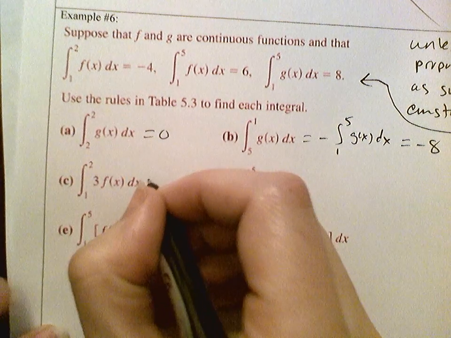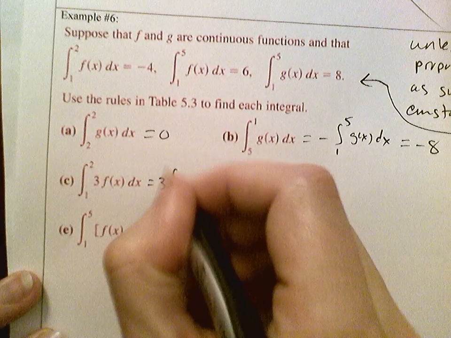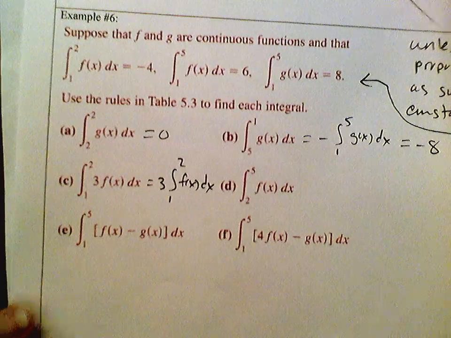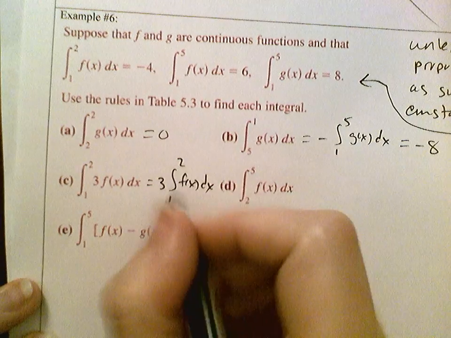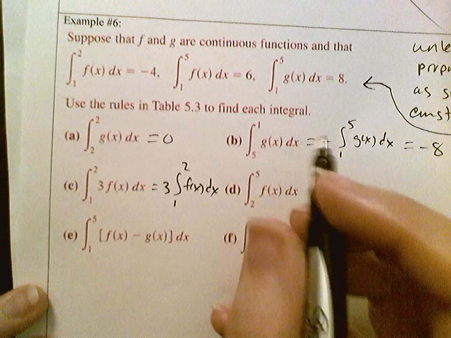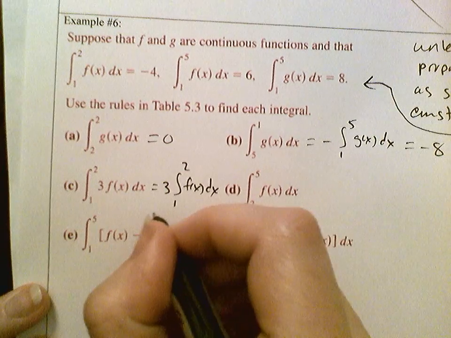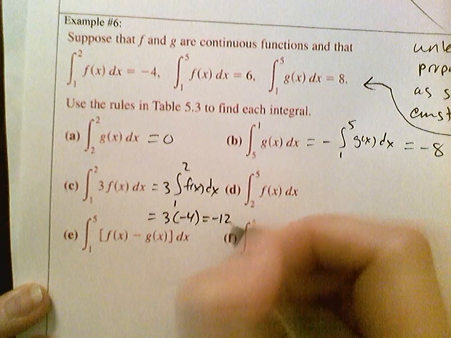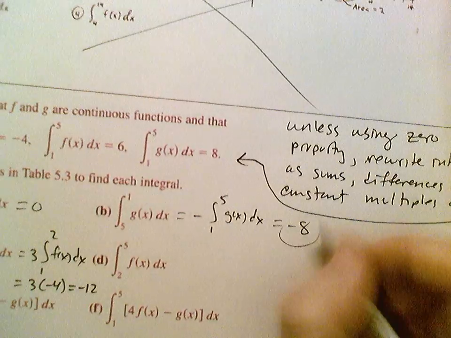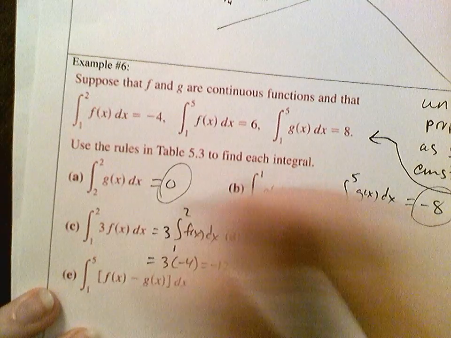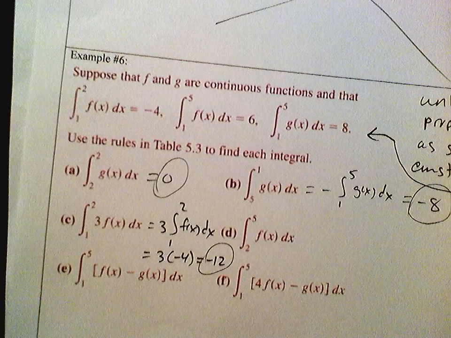So I'm going to just take out a 3 using the constant multiple rule. So I would end up with 3 times this known integral, which is negative 4. I'm running out of room. So 3 times negative 4 is negative 12. All right, so this one was negative 8. That one was 0. This one is negative 12.